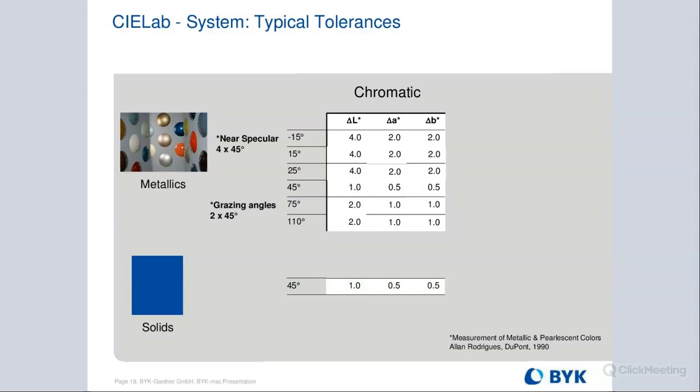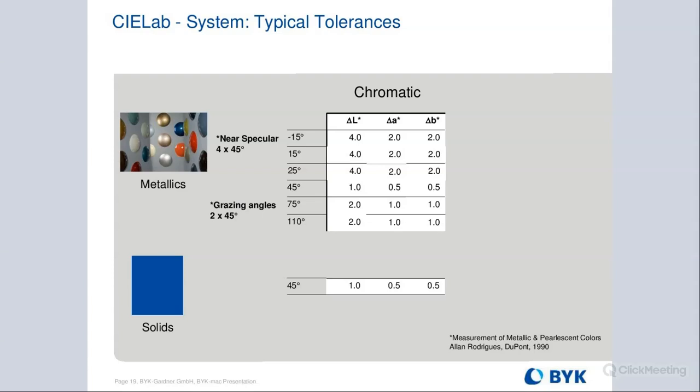So when we look at the metallics, the 45-degree angle is usually the tightest tolerance, whereas the other angles have slightly higher tolerances. The negative 15, the 15, and the 25 are higher than the 75 and the 110, typically because the 25, the 15, and the negative 15 would be looking at an extreme angle.